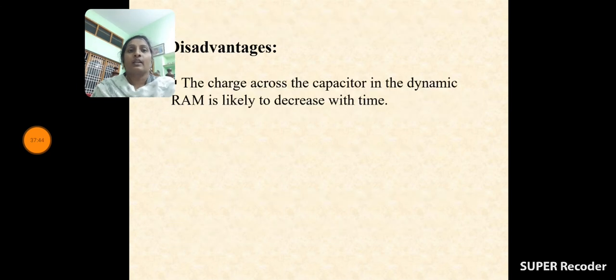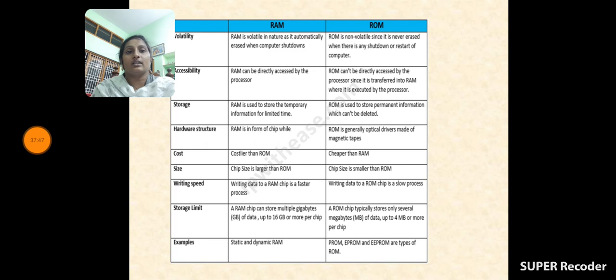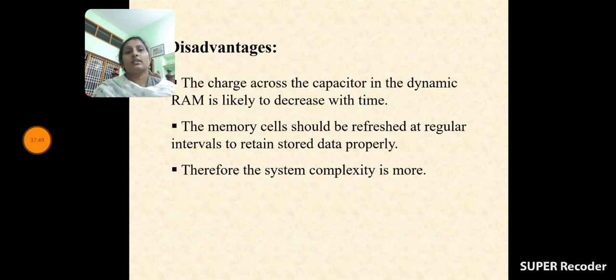Okay. And while coming to the disadvantages, the charge across the capacitor in the dynamic RAM is likely to decrease with time. Why? Because the capacitor property is charging as well as discharging. After the capacitor is fully charged, automatically it starts discharging the data.